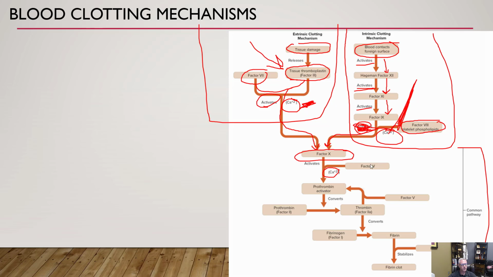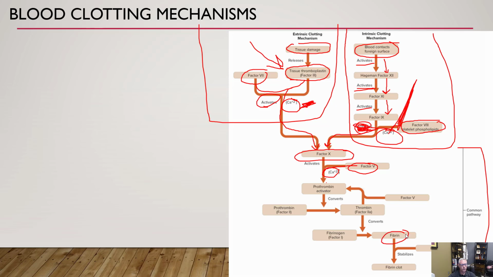So then we can see that factor 10 combines with factor 5, and in the presence of calcium, produces this prothrombin activator. And then also in the presence of calcium, prothrombin activator converts prothrombin, or factor 2, into thrombin, which is factor 2A. Thrombin converts fibrinogen, factor 1, into fibrin.